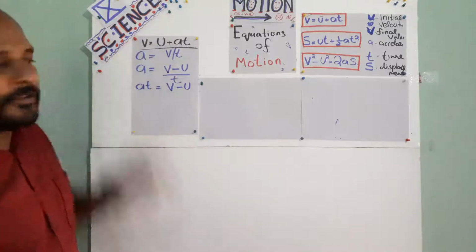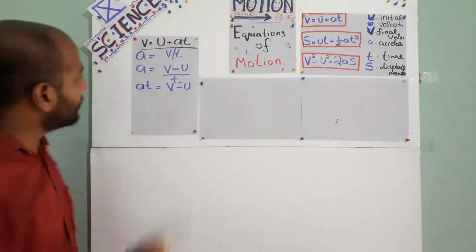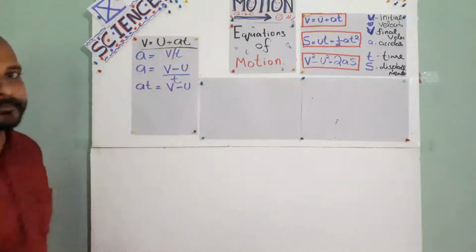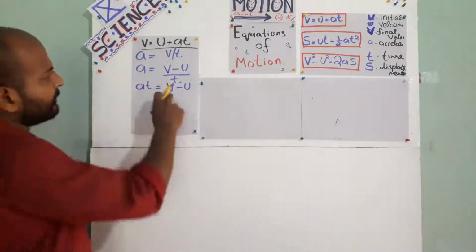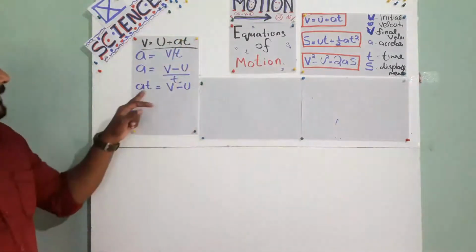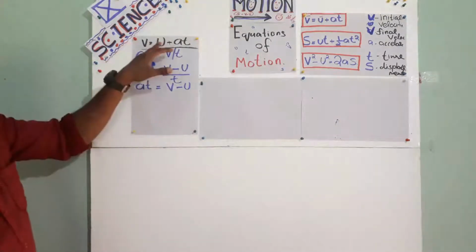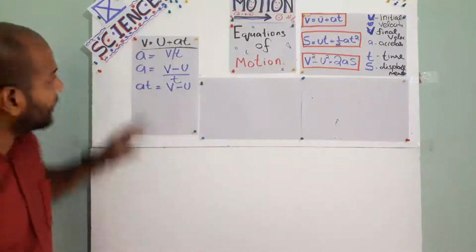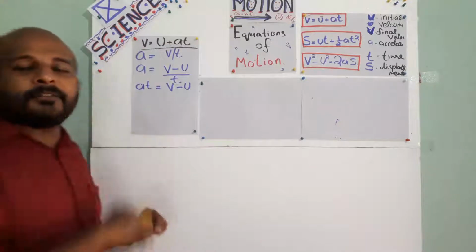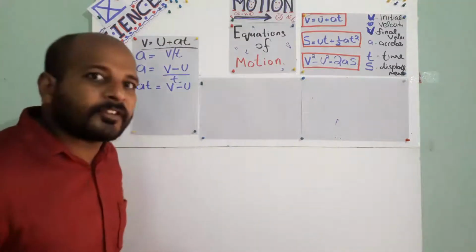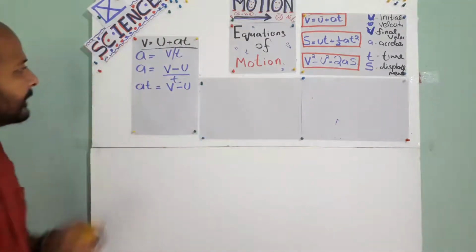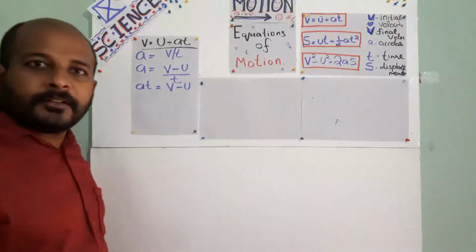But still we didn't get this equation. Correct or not? There is some difference here. See, AT is equal to V minus U, but we want V is equal to U plus AT. So how to make this V alone? We need to make V alone, then only we will get the equation for final velocity. So another rule is there regarding mathematics.